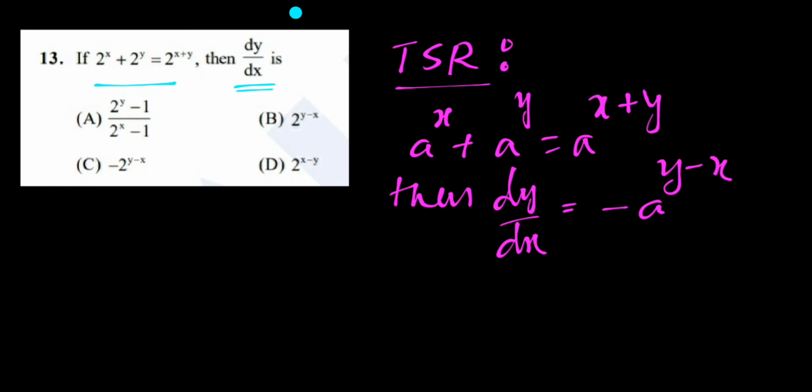What is the time saving result here? If a power x plus a power y is equal to a power x plus y, then dy by dx is equal to minus a power y minus x. What is a here in the question? A is 2. So minus 2 power y minus x.